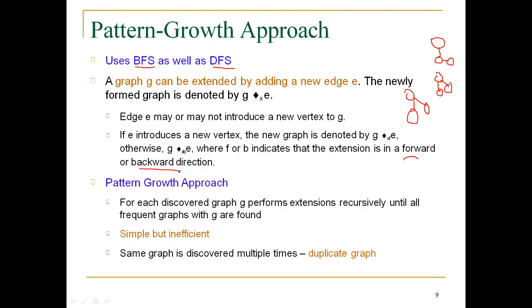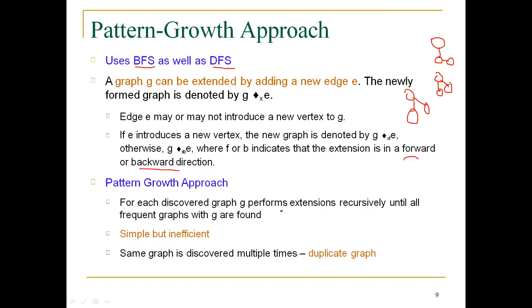So in the pattern growth approach, we are going to discover the graph recursively until all subgraphs are found. So it is very simple but inefficient, and it has to discover the duplicate graphs. Multiple times it will discover the duplicate graphs.